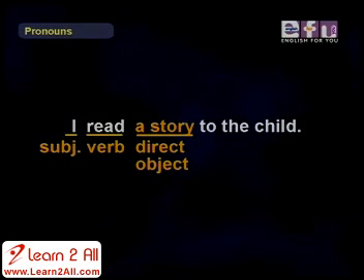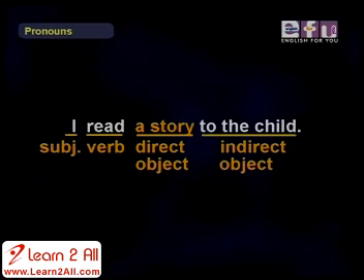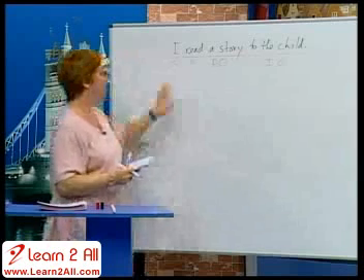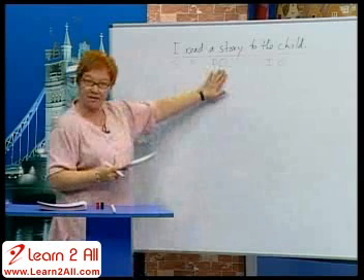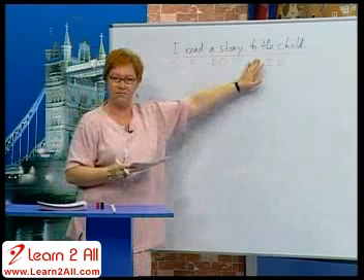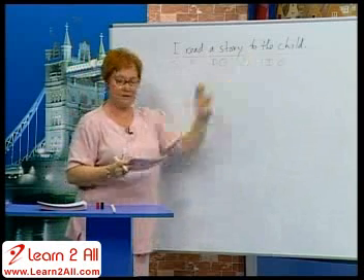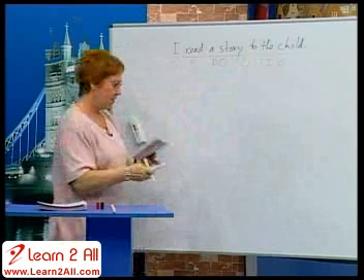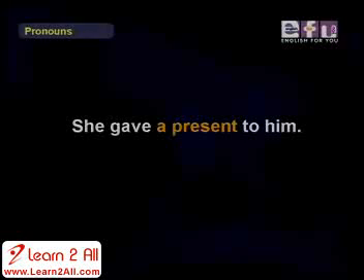A story is the direct object. And to the child is the indirect object. Okay? I read what? A story. To whom? To the child. Okay? First and second.